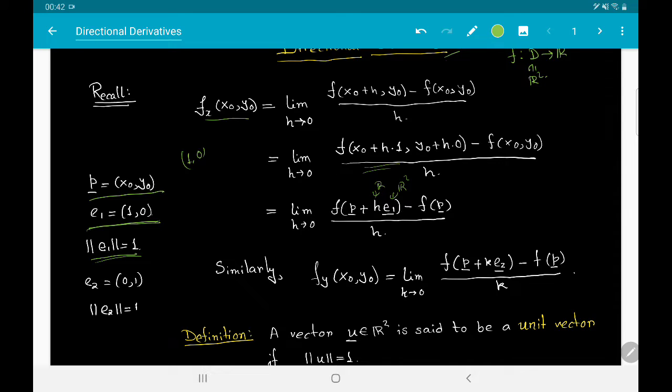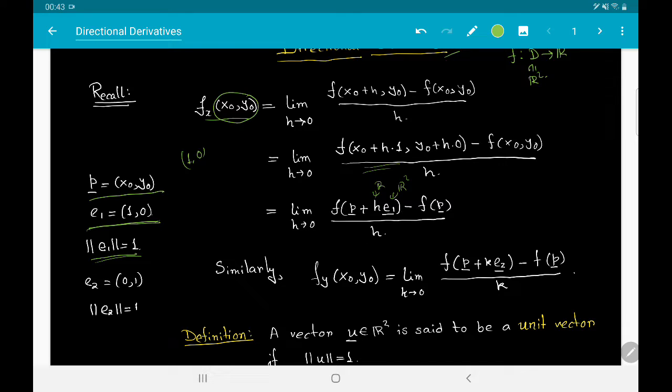So f of p plus h times e1 minus f of p, divided by h. The partial derivative of f with respect to x at the point (x0, y0) we have written in this form: f of p plus h times e1 minus f of p, divided by h.